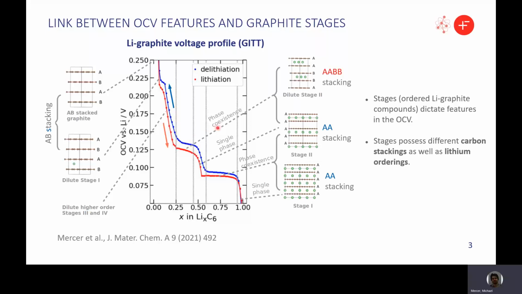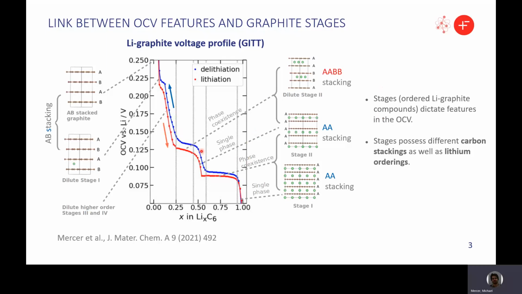However, this phase coexistence is dictated by orderings of lithium in different carbon stacking. So, for example, this dilute stage 2 occurs in AABB stacking. And this is important to highlight, that these stages show different carbon stackings as well as lithium orderings.